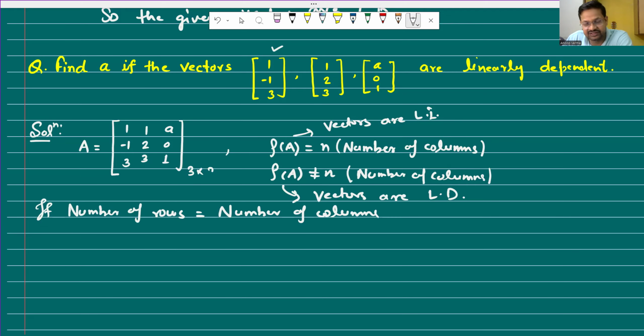Here we have a 3 by 3 square matrix. In that case, अगर आपको वेक्टर्स LD और LI हैं, तो that is, determinant of A is non-zero for LI vectors, and determinant of A is equal to zero for LD vectors.